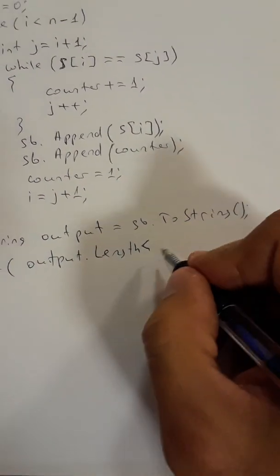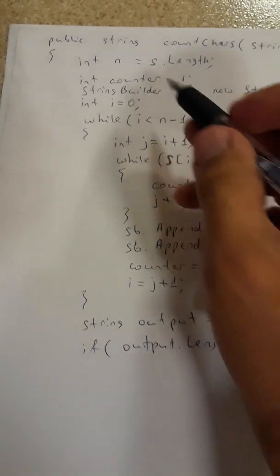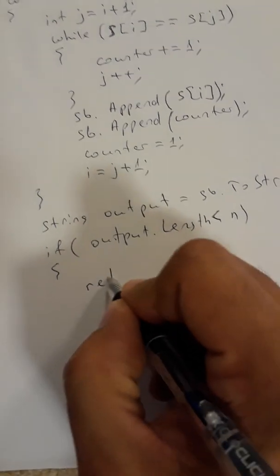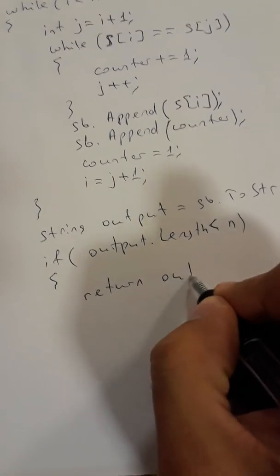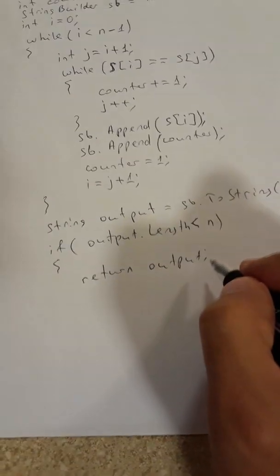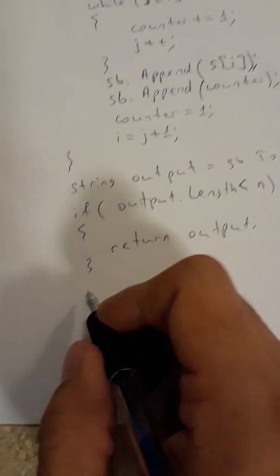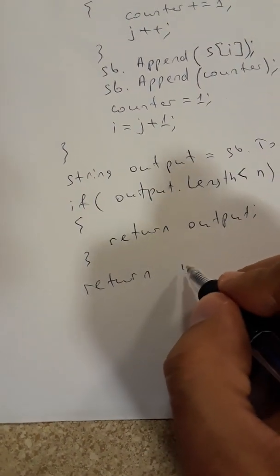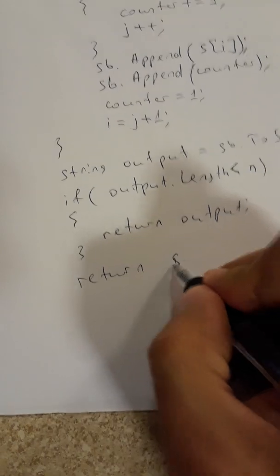If it's less than the length of the input, which is n, which I already defined here, I will just return the output if it's smaller than the input string. If it's not, I will just return the string itself, the input string, which is s.